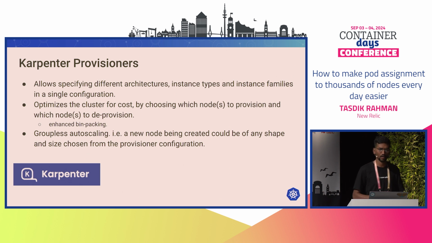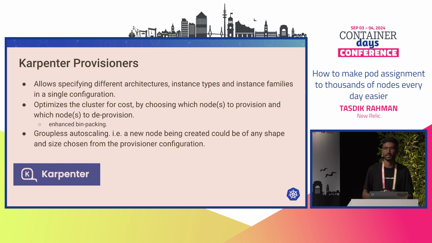And it optimizes for cost by choosing which node to provision or which node to deprovision. And you can imagine that that allows for enhanced bin packing of your applications inside your cluster.